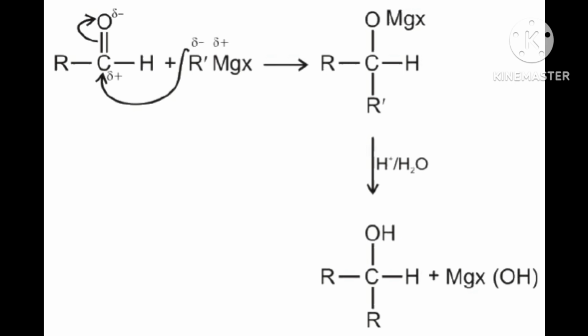Now again RMgX, the Grignard reagent: R minus will join with the positively charged carbon. Now there are 3 R, and the oxygen is negatively charged because the double bond became single, and MgX is attached to that oxygen.